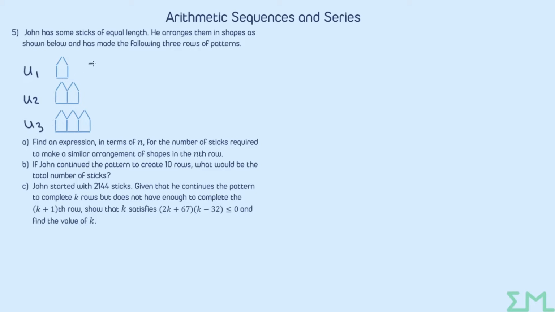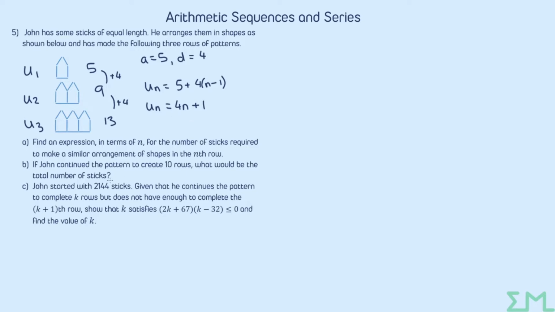So here we've got 5, then we're adding up 4 to get 9, we're adding another 4 to get 13. So we have got first term of 5 and common difference of 4. So un therefore would be 5 plus 4 times n minus 1, which would be 4n plus 1.